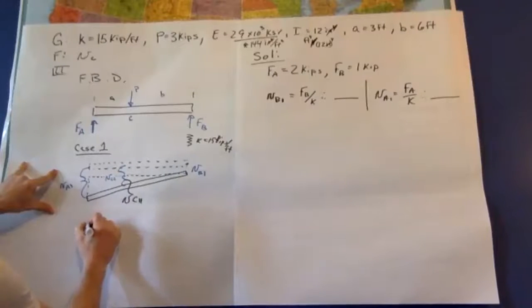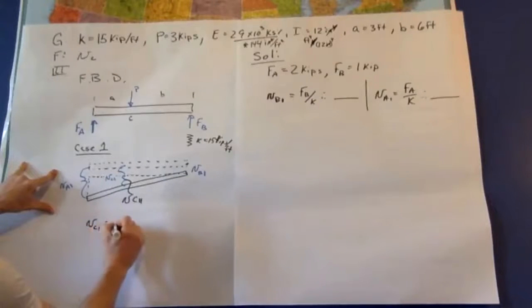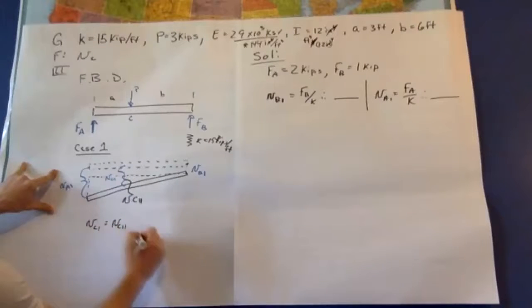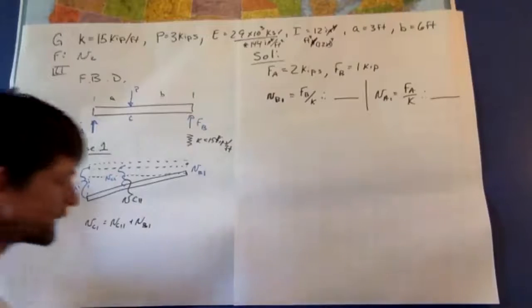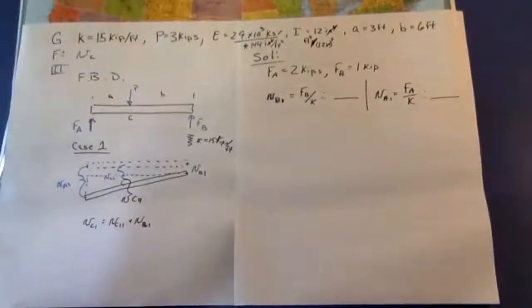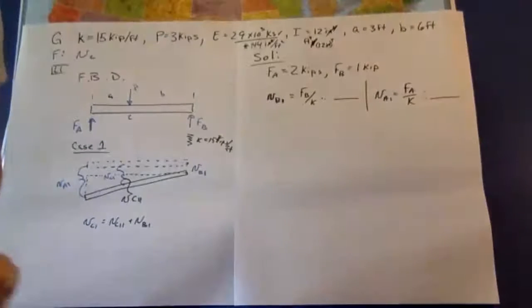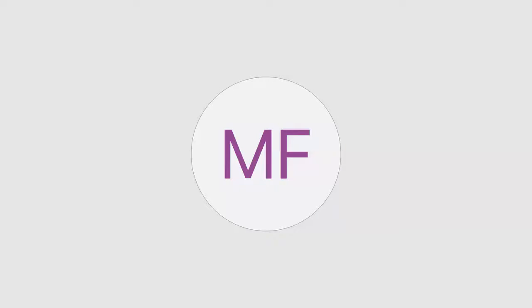So down here we can say that VC1 is equal to VC11 plus VB1. Does that make sense? Just yes or no would be good. Yes. Okay. So we have VC11 now.